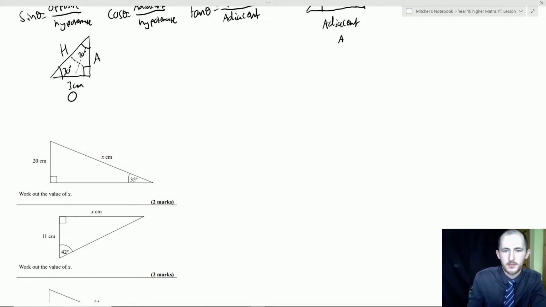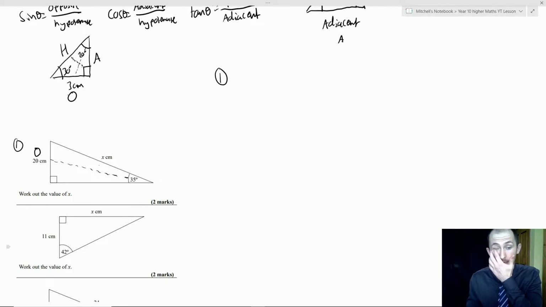Okay. So, assuming that makes sense, let's go on to do an example here. If I label this question number 1, let's bring question number 1 up here. So again, what's the first step? The first step is to label your sides. So what I do is I draw a dotted line going from the angle they gave me, and that's my opposite side because it's opposite the angle that I've been given. Next I label the hypotenuse.